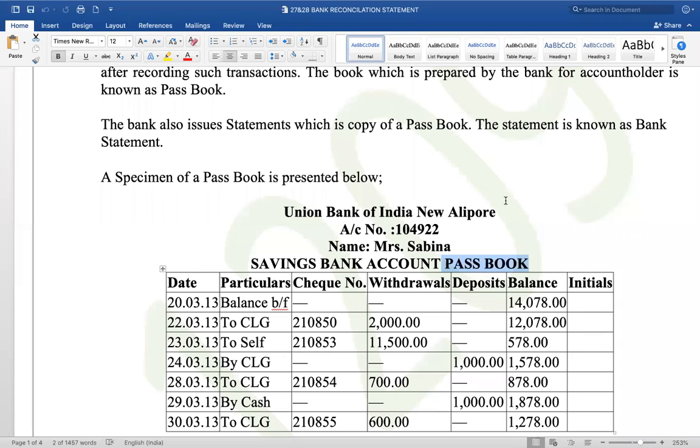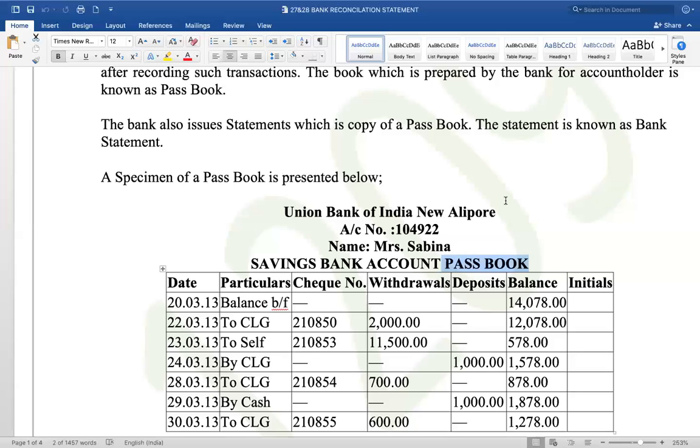Recollect the three column cash book, guys. We were recording our cash and bank transactions in a three column cash book. It is called three column because it has three amount columns: one for bank, one for cash, and one for discount.